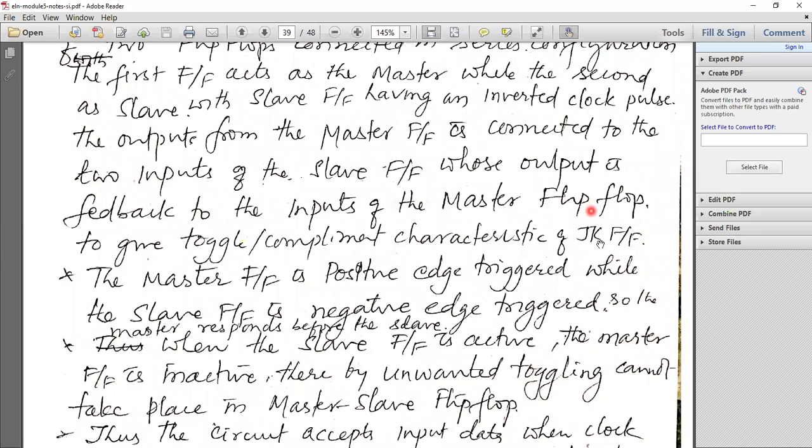The connection is described. So this is how the output of the master is fed to the input of the slave, and the output of the slave is fed to the input of the master. So this gives the complement characteristic of the JK flip-flop.